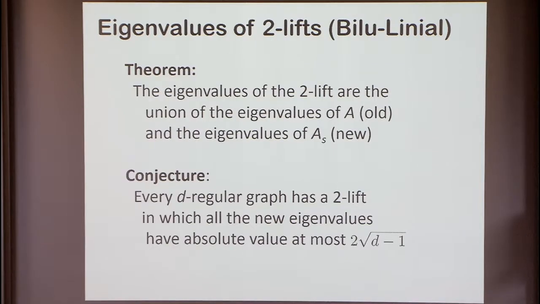And they made this really bold conjecture in their paper, which is that every d-regular graph has a 2-lift in which all the new eigenvalues have absolute value at most 2√(d−1). This is actually a conjecture about all graphs; any graph, it doesn't have to be Ramanujan, has a 2-lift for which the new eigenvalues meet this bound.